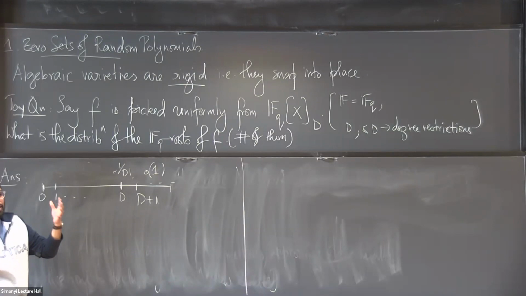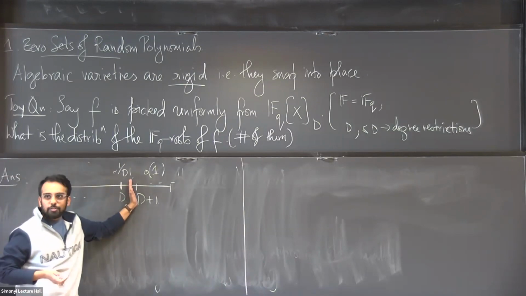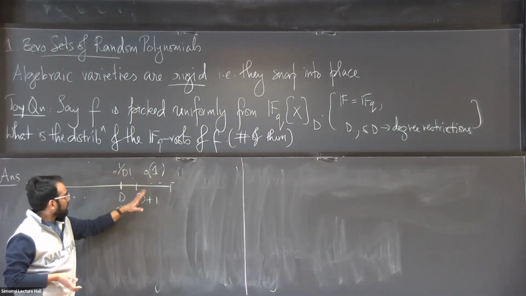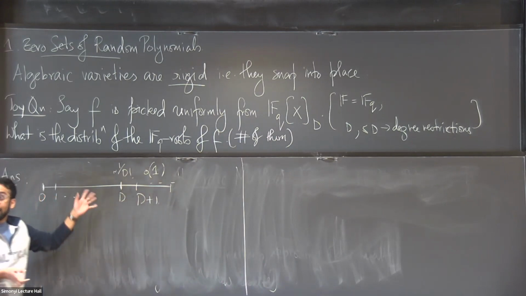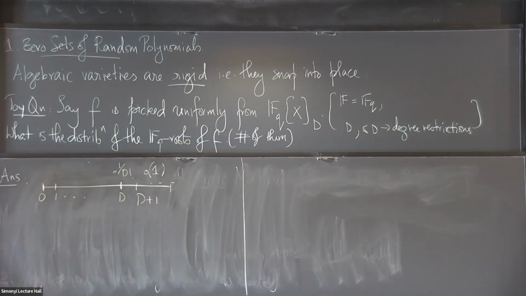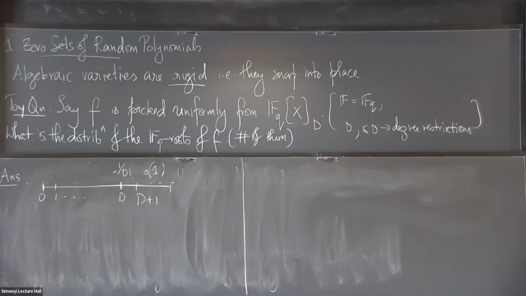So if it's bigger than D, it has to be a zero polynomial. That has some chance of happening, but are you thinking of D larger than Q? I'm thinking of D fixed anyway, so this caveat was unnecessary. Okay, so think of D as fixed, like 100, and Q is going to infinity.